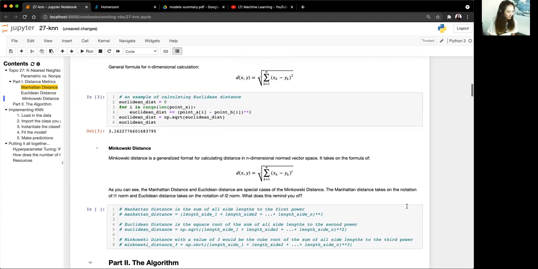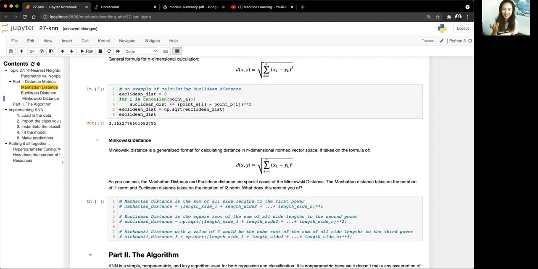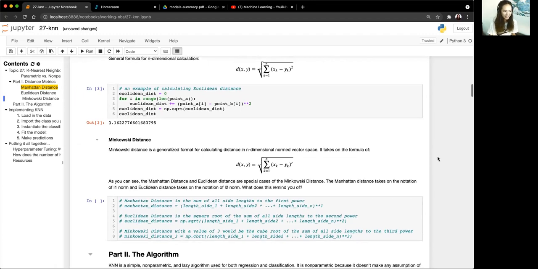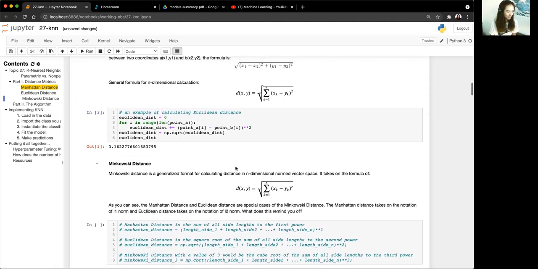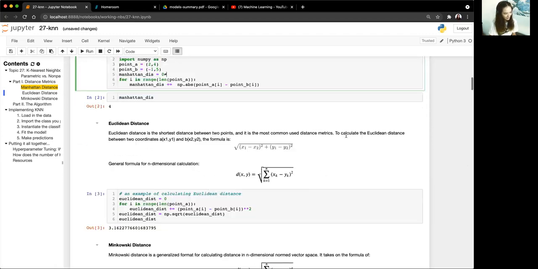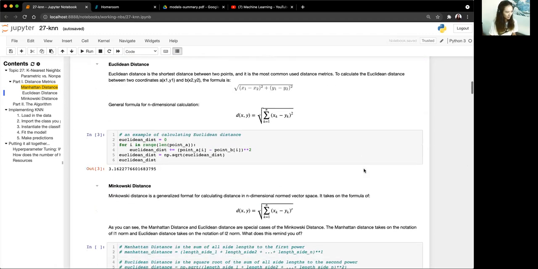Cool. More generalized than Euclidean distance, you have Minkowski distance. Euclidean distance is a type of Minkowski distance. If you look at these formulas, I know it's kind of small, let me zoom in a little bit.